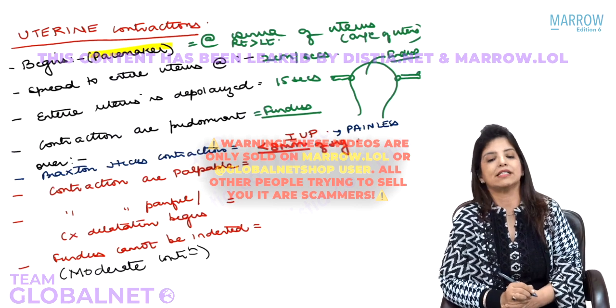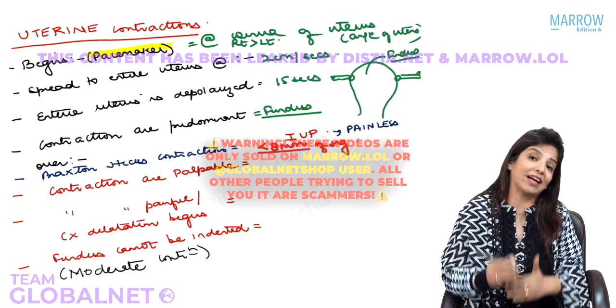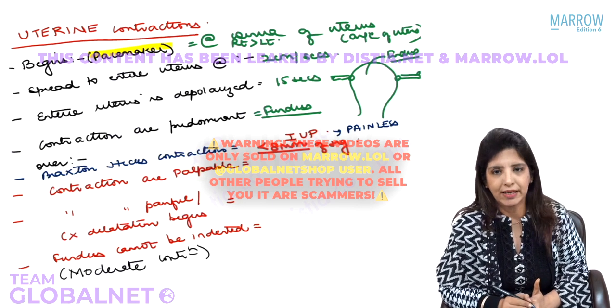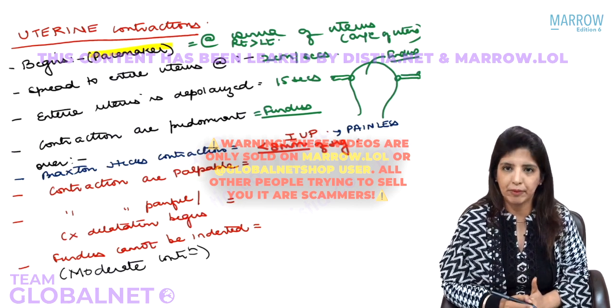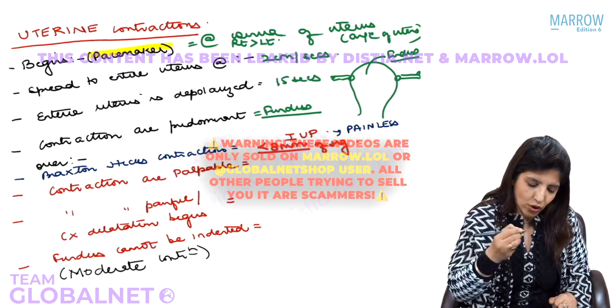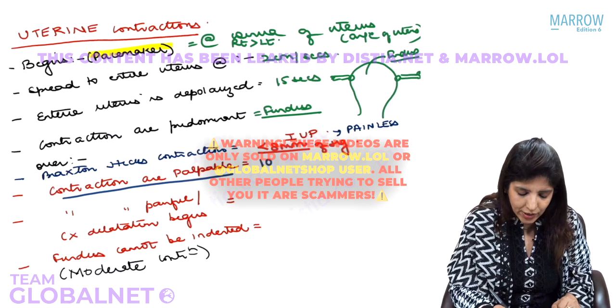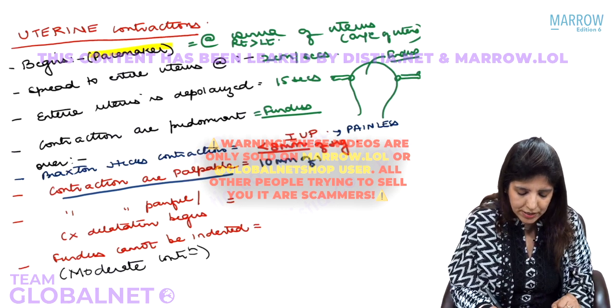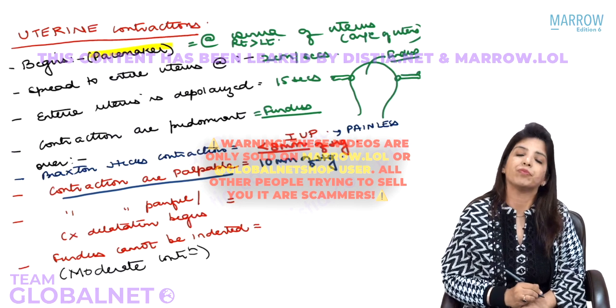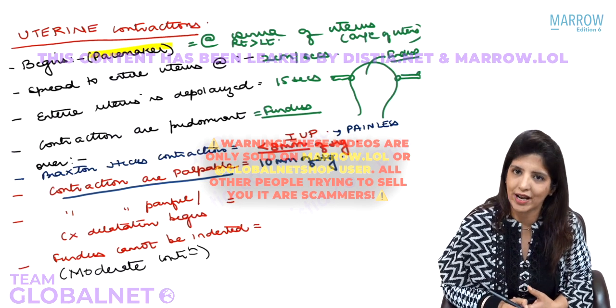And because it is less than 8 millimeters of mercury, it is painless and not palpable. Contractions become palpable when the intrauterine pressure is 10 millimeters of mercury at the time of contractions.